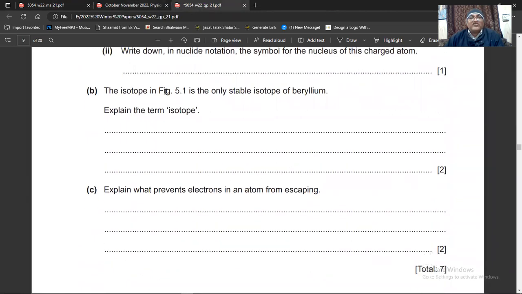Then question number 5, B part. The isotope in figure 5.1 is the only stable isotope of beryllium. Explain the term isotope. Isotopes are atoms of an element which have the same proton number, but their nucleon number is different from each other.